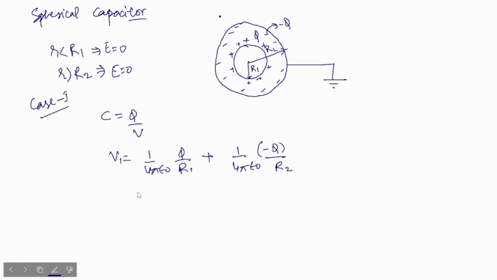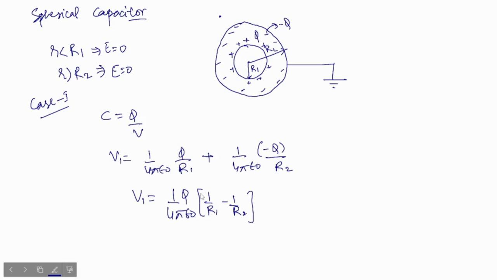So from here you will get 1 upon 4 pi epsilon naught, taking Q as common, 1 by R1 minus 1 by R2. This is V1.